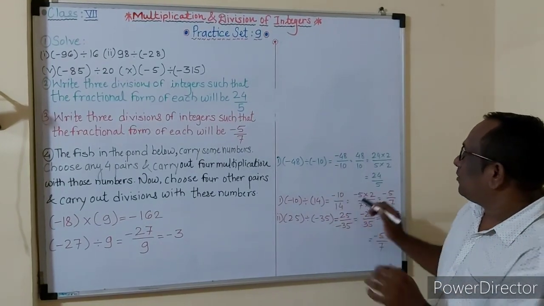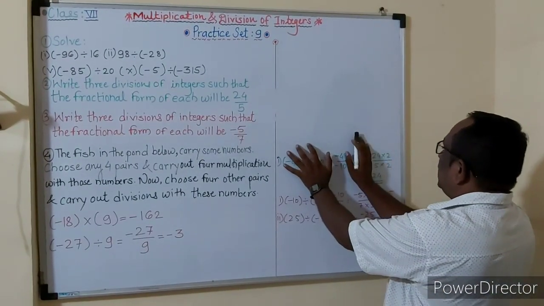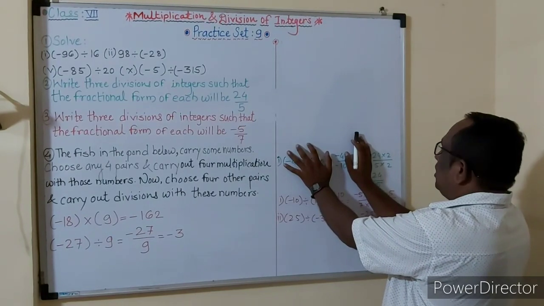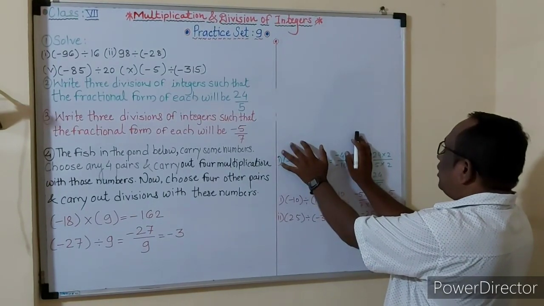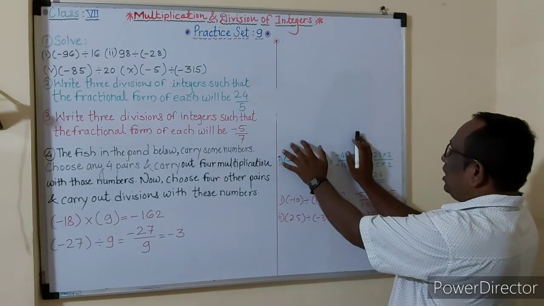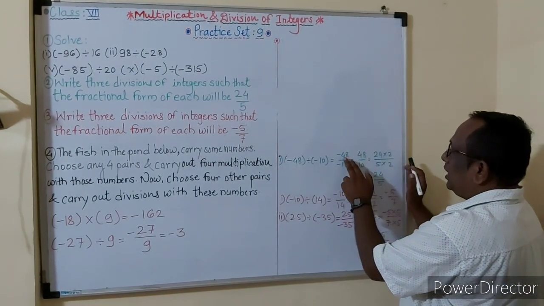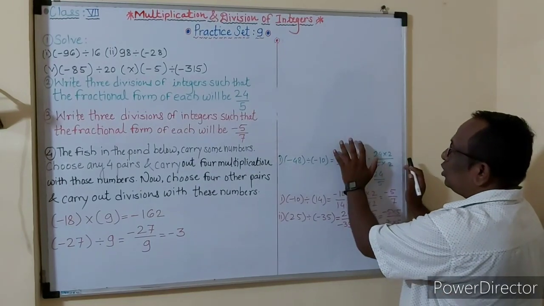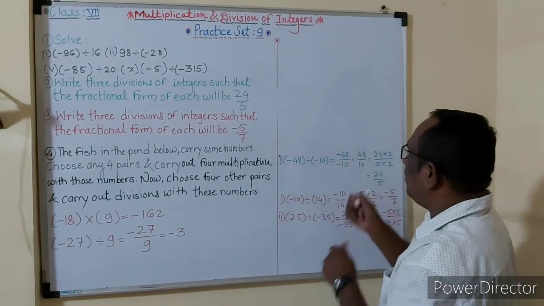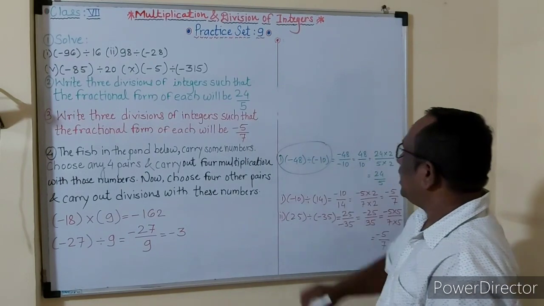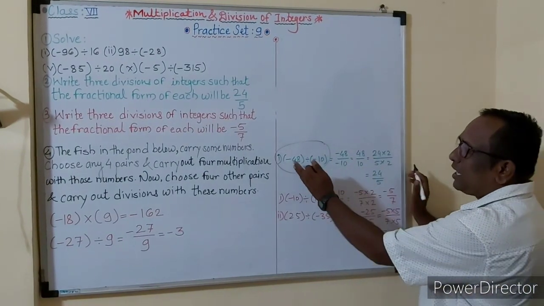Now see, just ignore this portion. 24 2s are 48 and 5 2s are 10. So here, 24 2s are 48 and 5 2s are 10. So this is actually our answer. And here I give the minus sign.